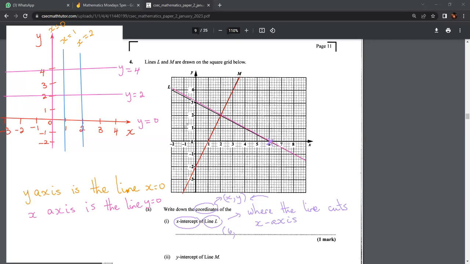And what's your y value? It's on the x-axis, and on the x-axis, you know that y is equal to 0. So your y value will be 0. So the x-intercept, where it's going to cut the x-axis, is at the point 6, 0.